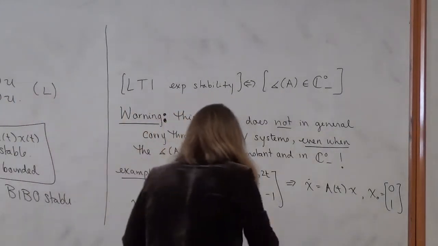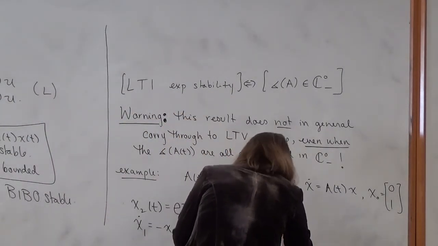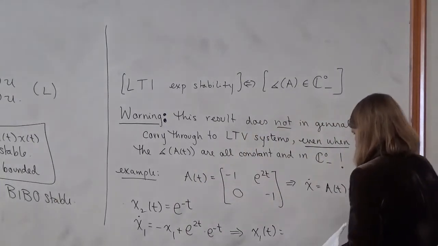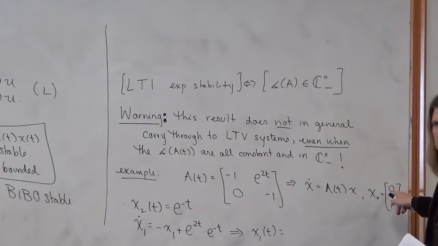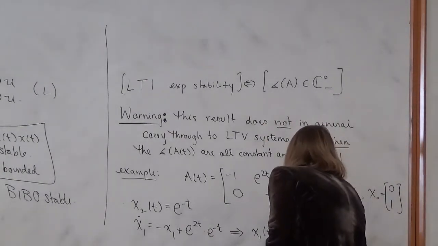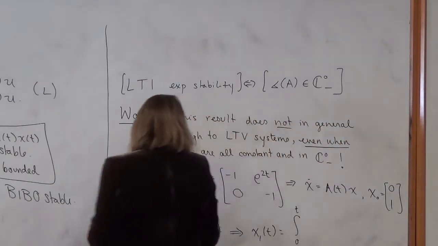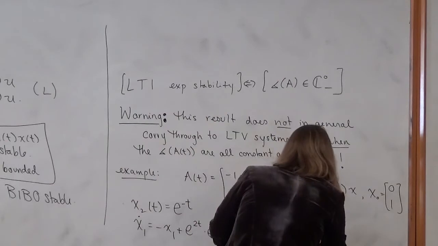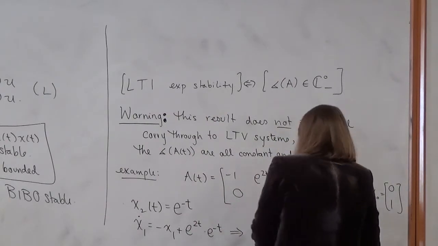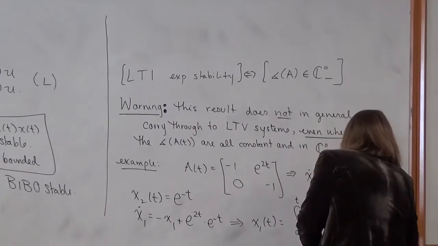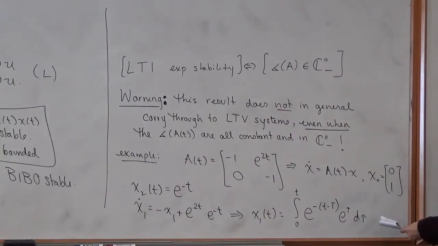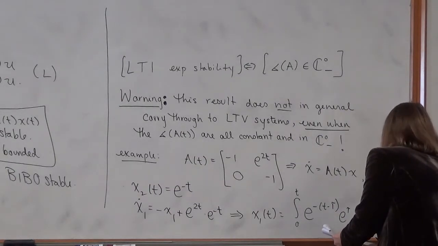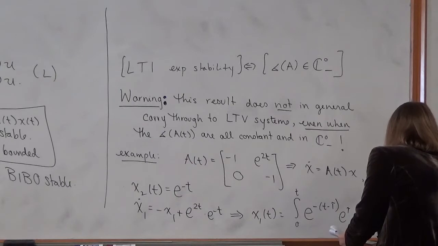So I know what the solution looks like. x1 of t is going to be e to the At, but A is just minus 1 here, times x1 of 0, which is 0, plus the integral from 0 to t of e to the minus 1 times (t minus tau), times the input, which is e to the tau, d tau. This example was chosen so that we can do that integration nicely, and we end up with e to the t minus e to the minus t over 2, which goes to infinity as t goes to infinity.